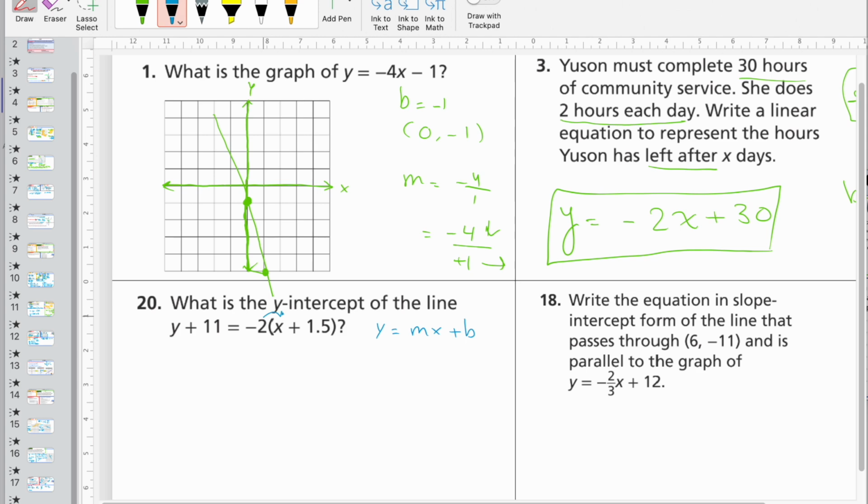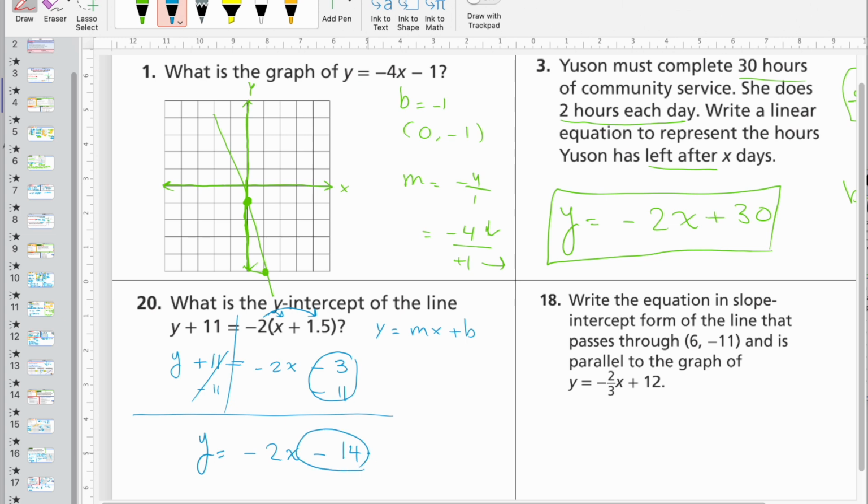First of all, distribute the bracket: negative 2x, negative 3, equals 11 plus y. Cancel the 11, minus 11 on both sides. Now the 11 with the 3 I can combine, not with the x. y equals negative 2x, same signs, so just add them up. What's the y-intercept? It's negative 14. This is b.